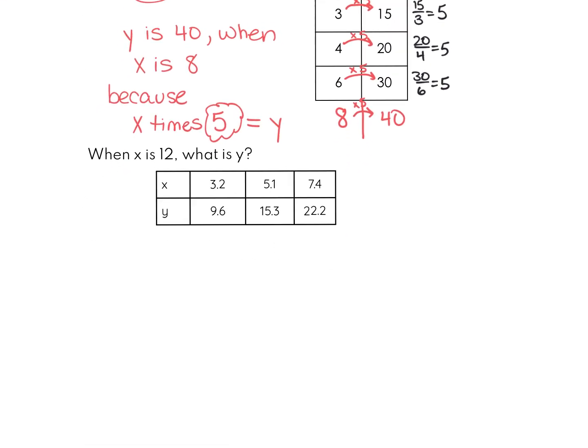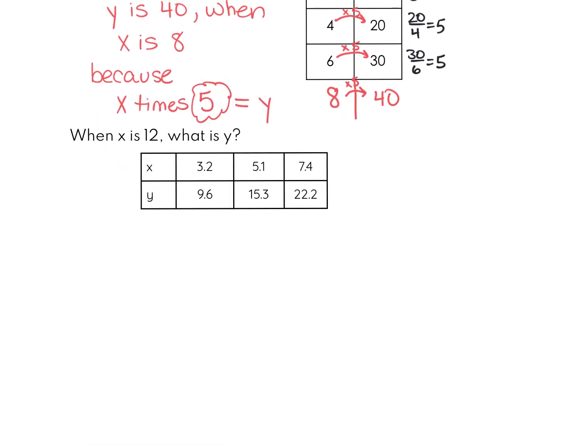One more example, proportional relationship. When x is 12, what is y going to be? Again, we're always going to take y and divide it by x. On the calculator here, I'm going to take 9.6 divided by 3.2. That's going to give me 3.